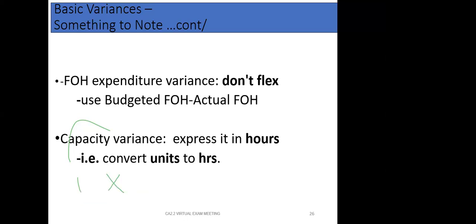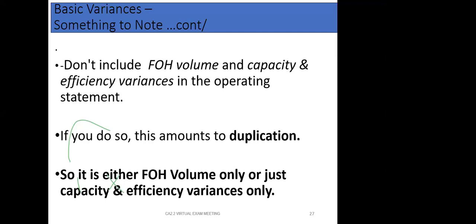Next. Don't include fixed overhead volume and capacity and efficiency variances in the operating statement. The operating statement is the statement of reconciliation. Don't include all these three in one operating statement.